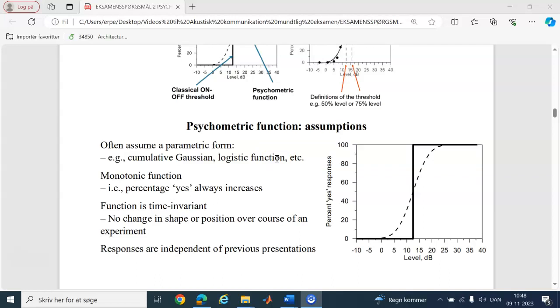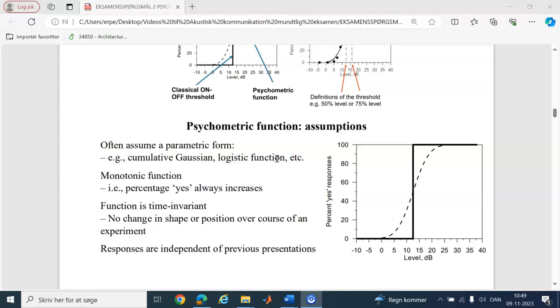Psychometric function assumptions: we often assume a parametric form, a cumulative Gaussian or logistic function, often the Gaussian function.